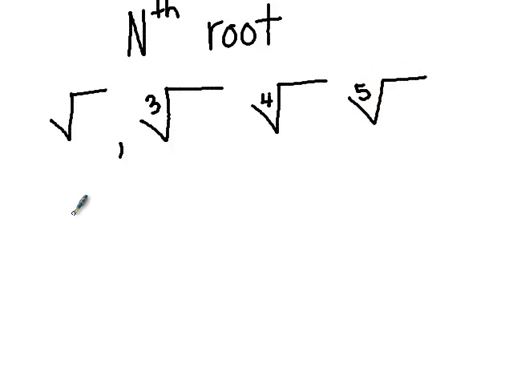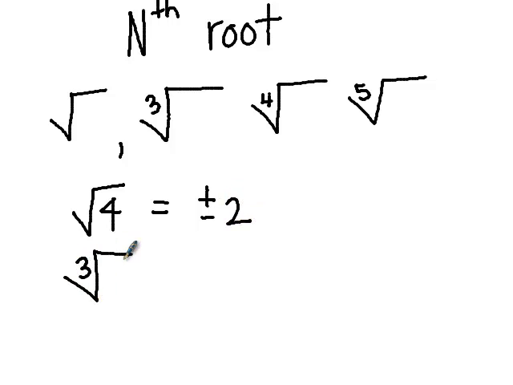So for example, if I took the square root of 4, we know that the answer is plus or minus 2. If we take the 3rd root of 8, I have to figure out what number multiplied together 3 times will equal 8. And that is 2, 2 times 2 times 2.